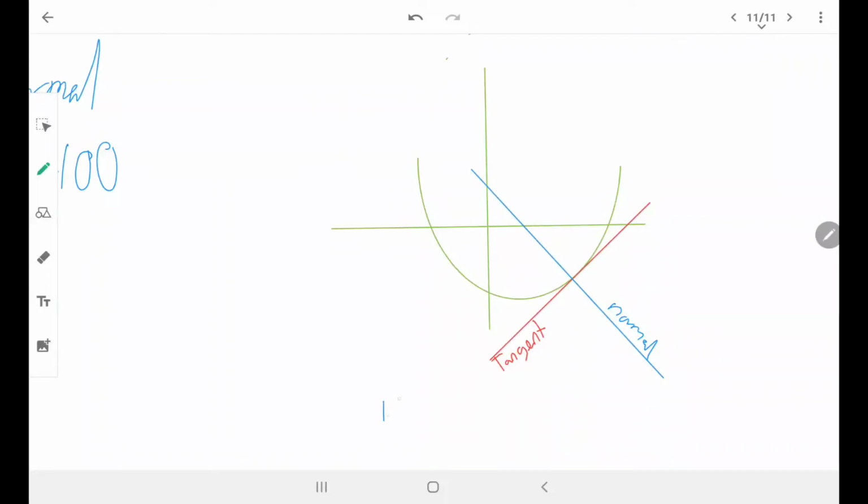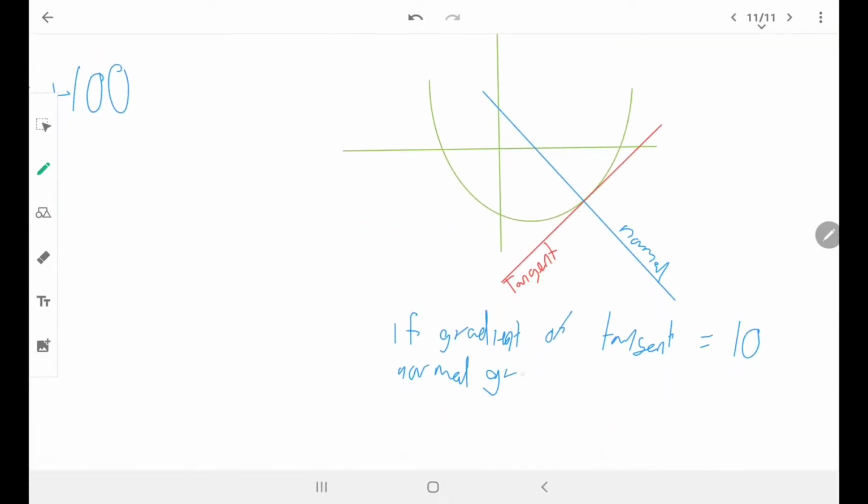So if the gradient of the tangent equals 10, the normal gradient would equal minus 1/10.